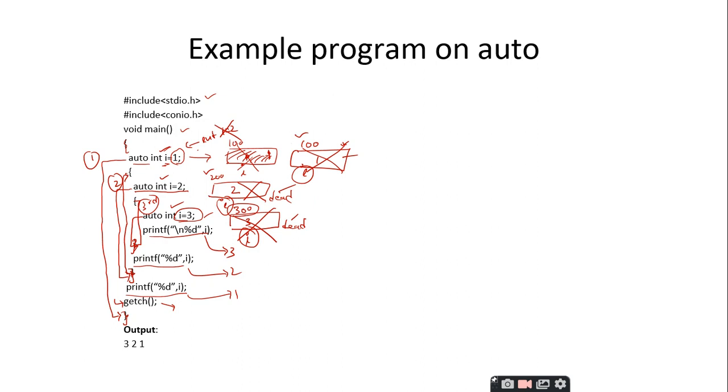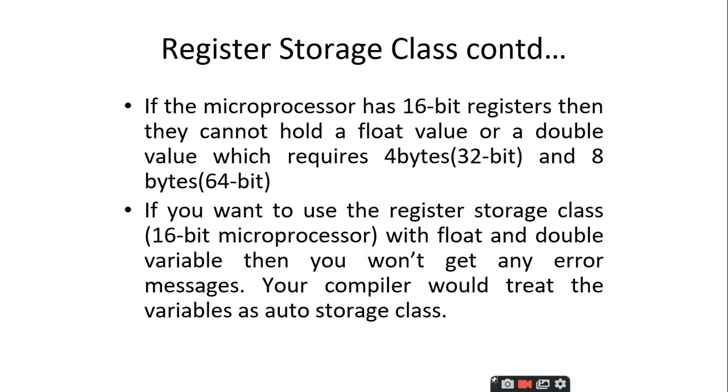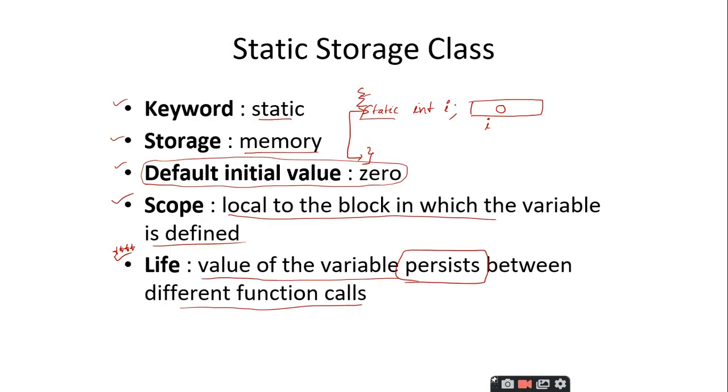And we have seen the program also. And then the register storage class, keyword is register, storage is CPU register, and the default initial value is garbage, scope is within the block, life is within the block. We have seen the program also.